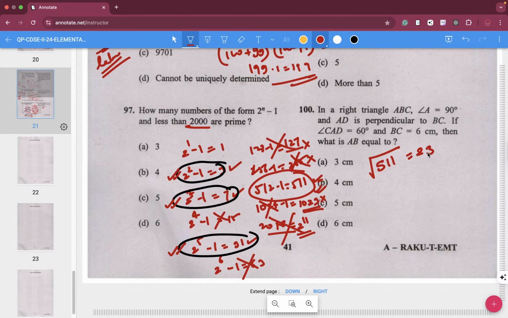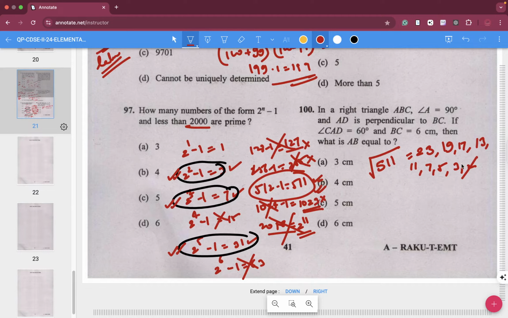So up till 23, list down each of the prime numbers here. Up till 23 these are the prime numbers: 23, 19, 17, 13, 11, 7, 5, 3, 2.